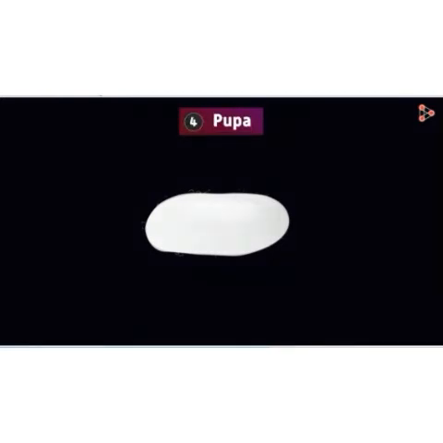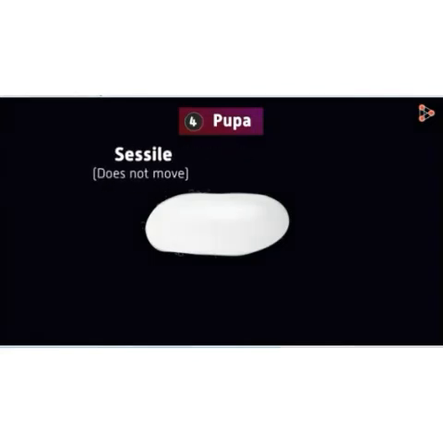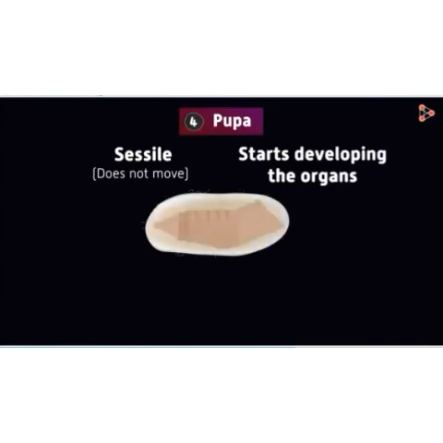So students, once the cocoon is formed, the larva inside it starts resting and enters the next stage of the life cycle, and that is the pupa stage. The pupa stage is the stage where the organism is sessile, which means they do not usually move, and starts developing the organs which adult moths have.